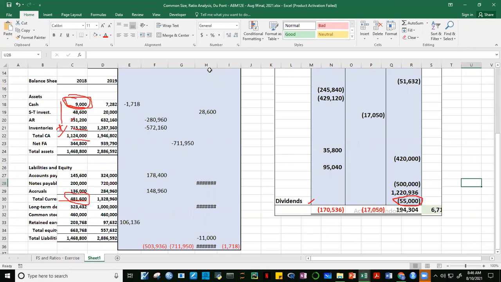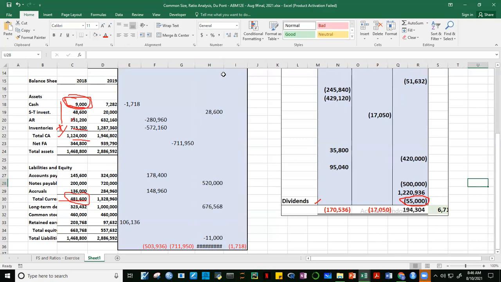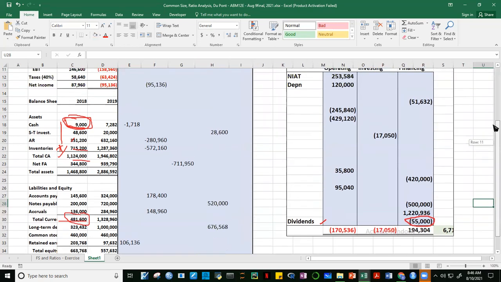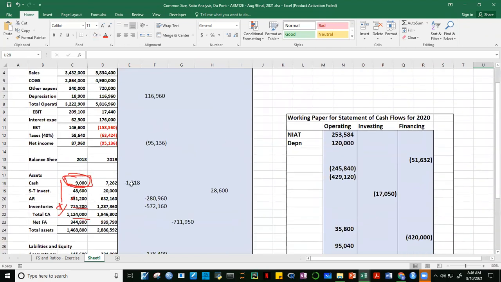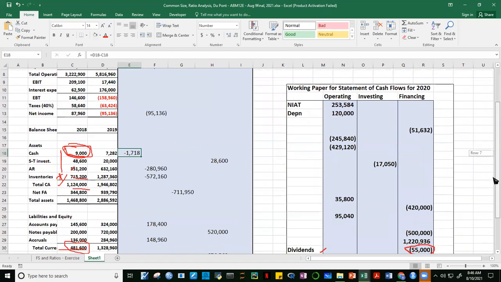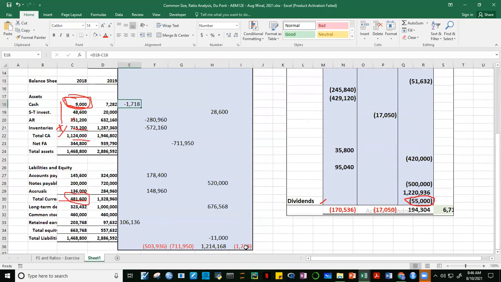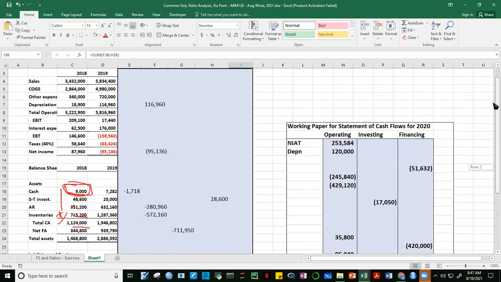And then for 2020, guys, here, okay, so quick lang ginawa ko yung cash flow statement dito. Okay, so yung difference ng cash, negative 1718. So that should appear here. Negative 1718. So okay to, I will not explain this anymore.